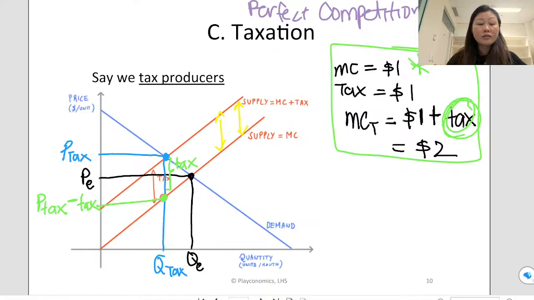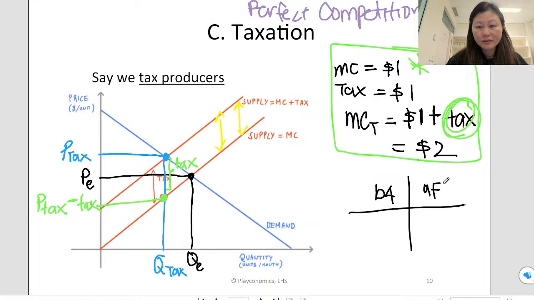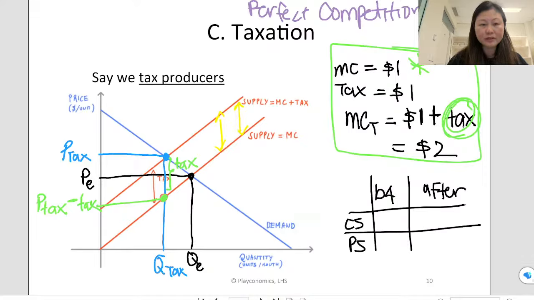Now I'm going to color in and look at the areas. Okay, so we said before that the consumer surplus before the tax, okay, we'll talk about before tax and after tax, consumer surplus and producer surplus.